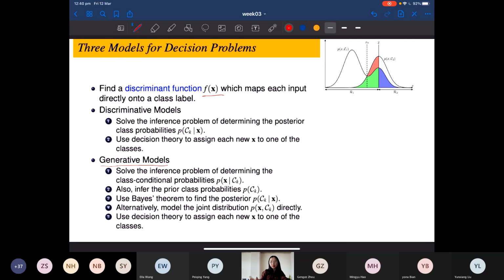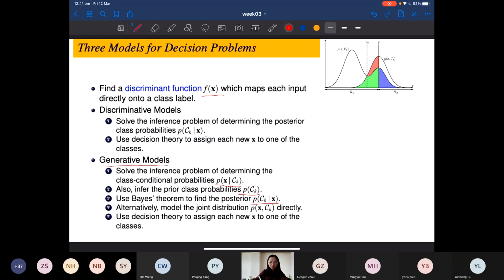Instead of just targeting an f of x, let's try to estimate p of x given the class label. Then, assuming we can get the class prior from somewhere, from Bayes' rule we can find the posterior.